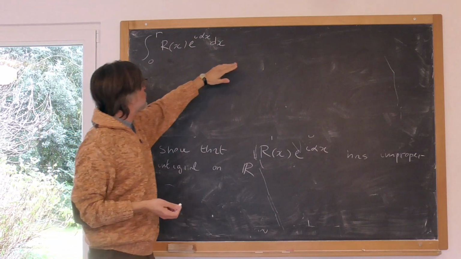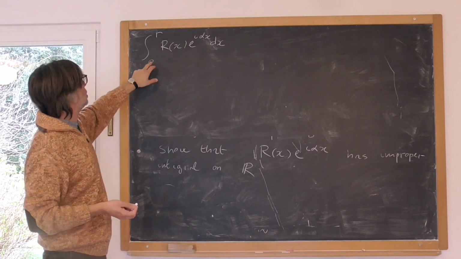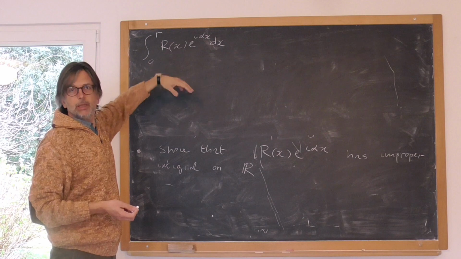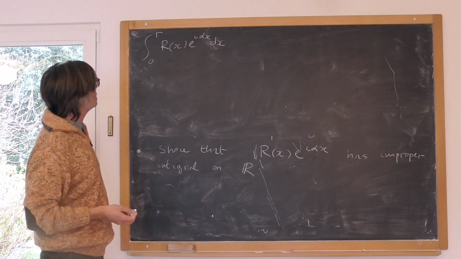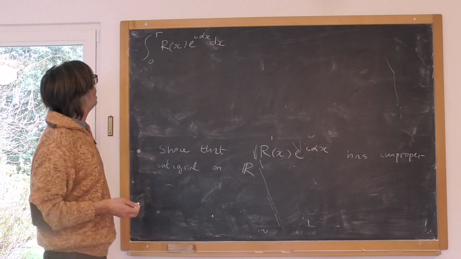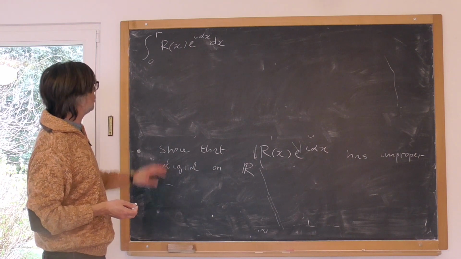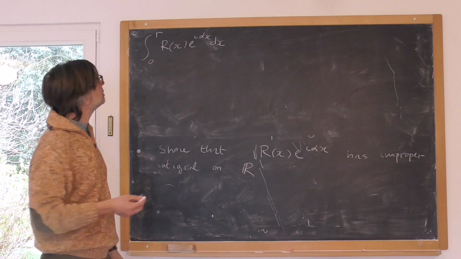Okay? And then we should do the same for the integral between minus r and 0. But the two arguments are completely analogous, so let's just do this case. So we need to show that the limit of this function of r when r goes to infinity exists.